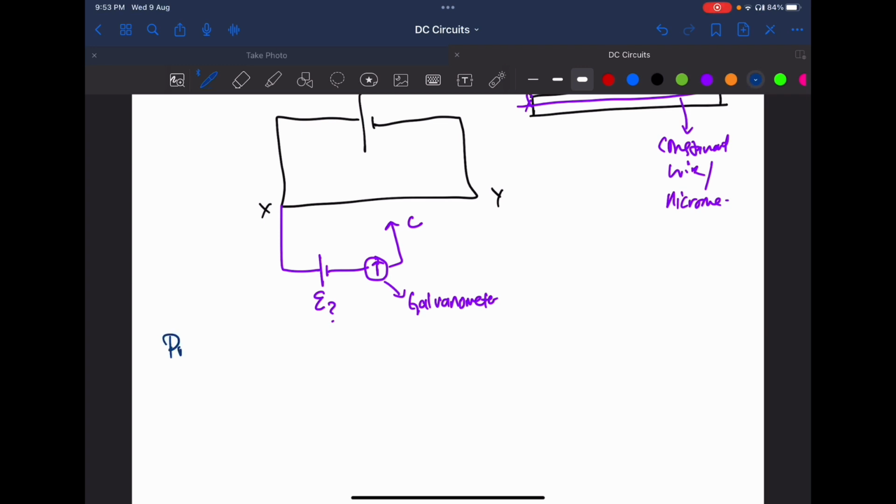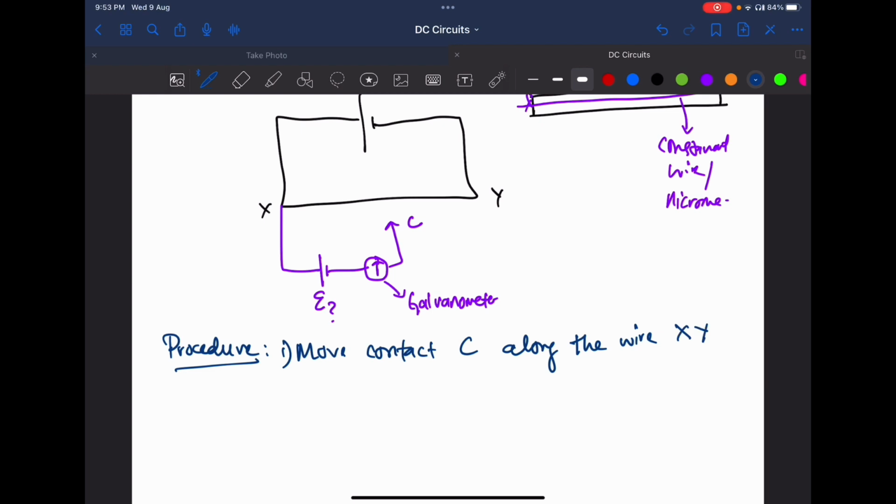So the procedure: number 1, move contact C along the wire XY.